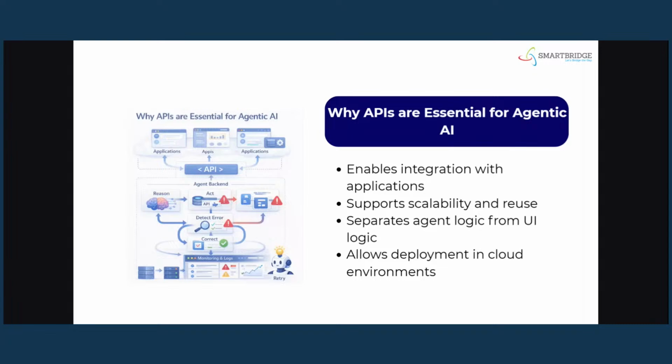APIs separate responsibilities. The front end focuses on how things look and feel, right? I think everyone knows what the front end is: whatever application we can see with our naked eyes is called the front end. The back end focuses on how things work.